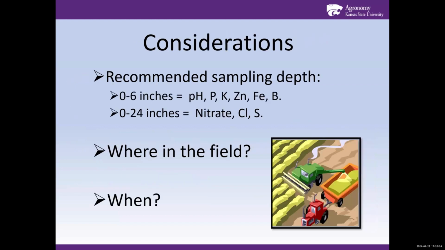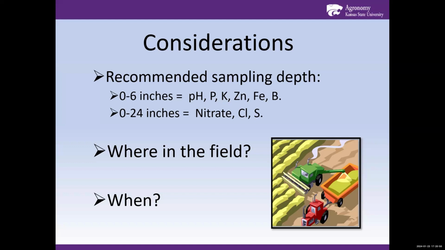Some considerations: for 0 to 6 inch depths, you're typically testing for pH, phosphorus, potassium, zinc, iron, and boron. For your mobile nutrients, nitrates, chloride, and sulfur, that's your subsoil sample, which is a 0 to 24 inch depth core.